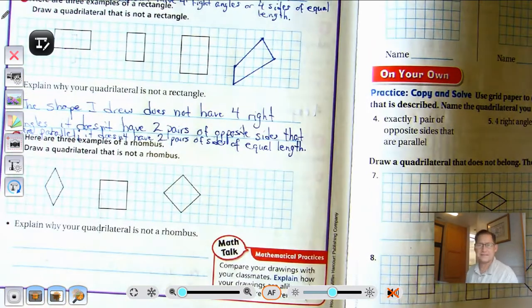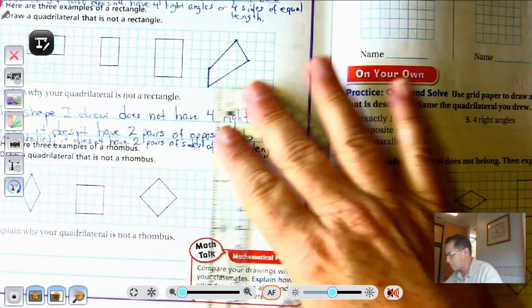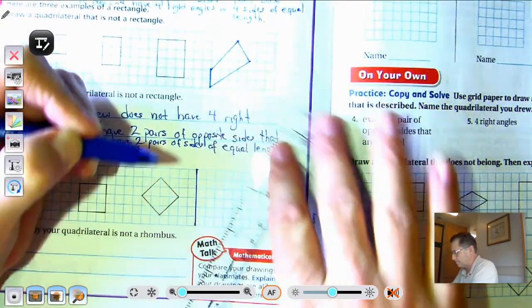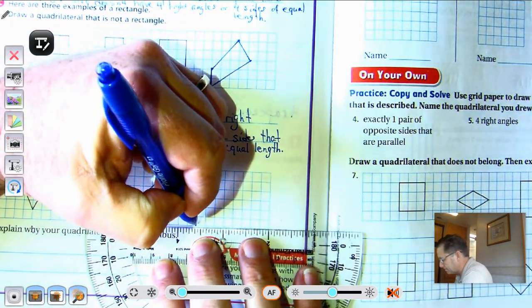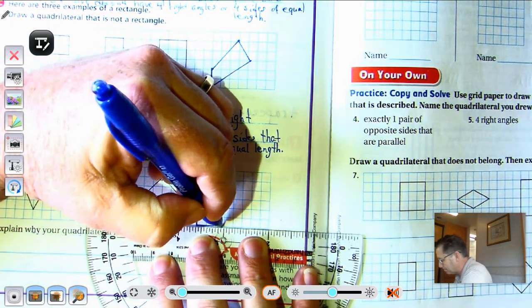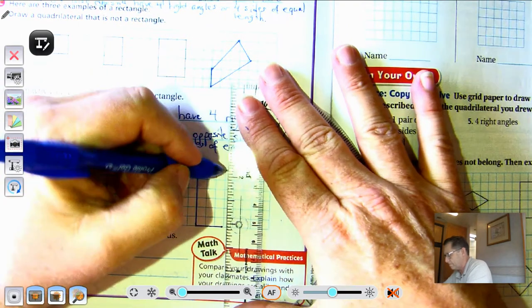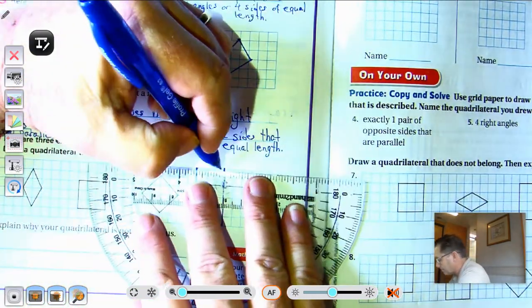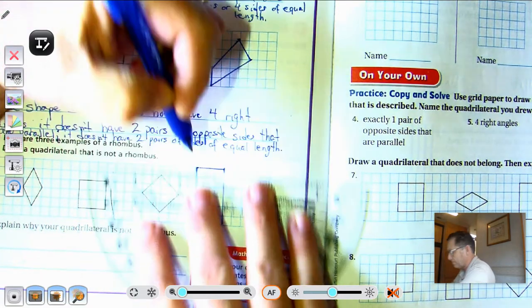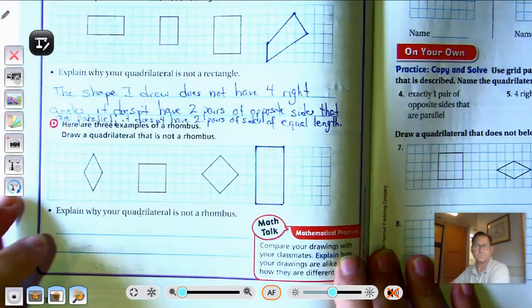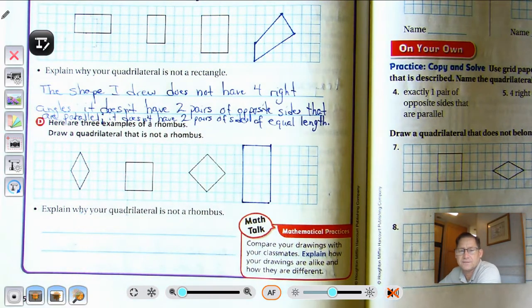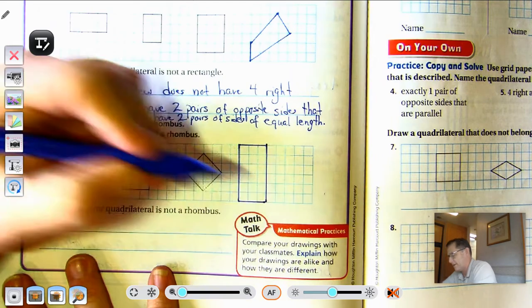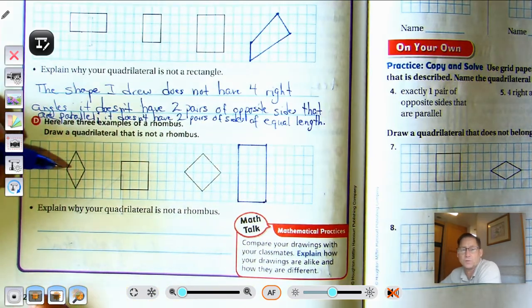Okay, so something that doesn't have four equal sides. So why isn't my shape a rhombus? Well, because it's a rectangle, right? Rectangles do not have four sides of equal length.